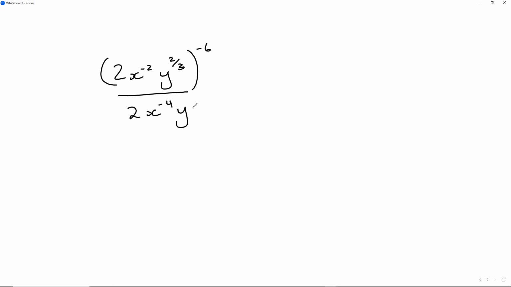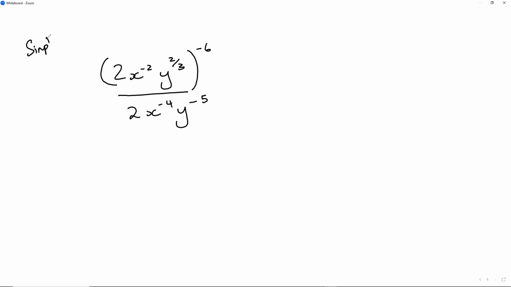Alright, try the next one. Let's suppose I've got (2 x to the power of negative 2 y to the power of 2/3), and all of this is raised to the power of negative 6, all divided by 2x to the power of negative 4 y to the power of negative 5.